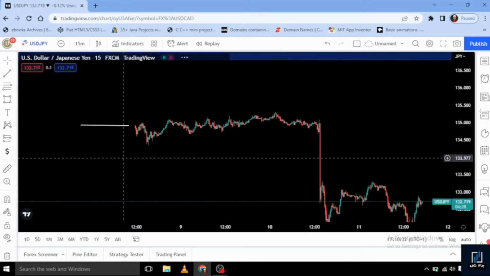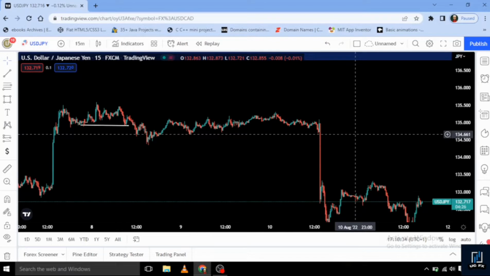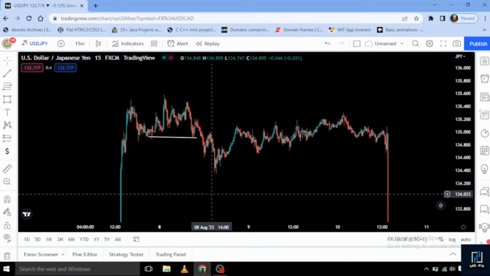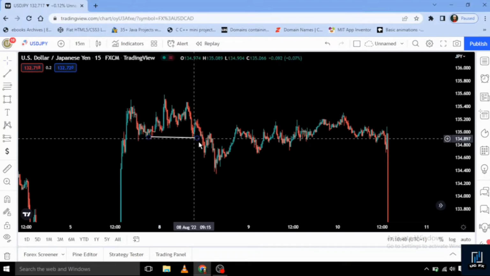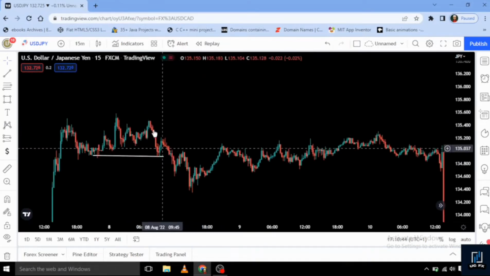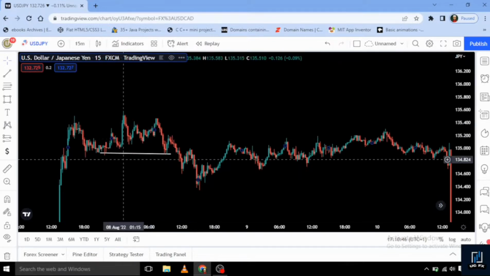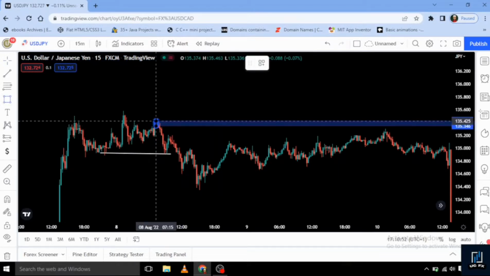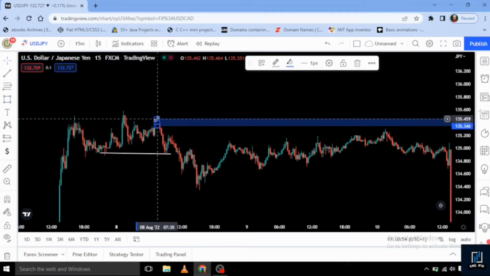So here we are in the 15 minutes time frame. We had a break of structure, and after this break of structure, we need to mark out the order block that took out this structure, that took out these lows. And then we have this order block.